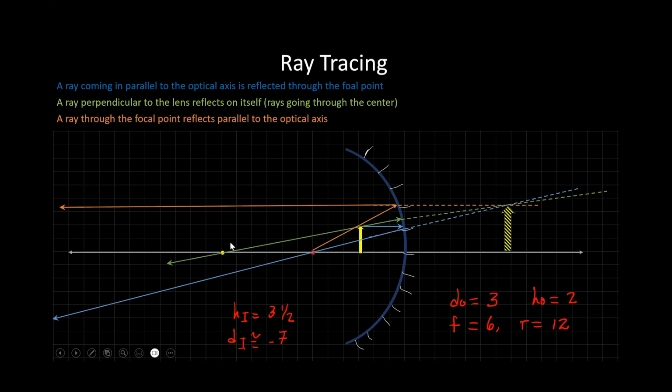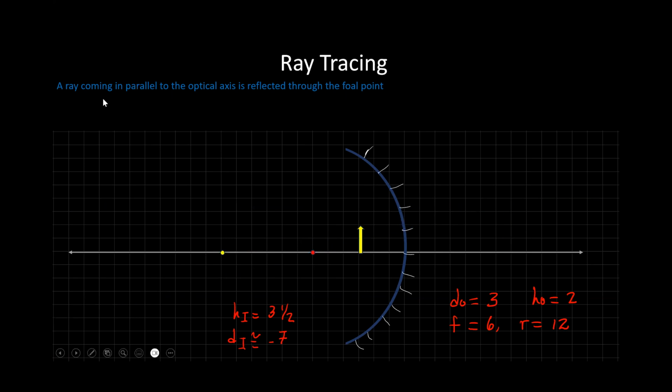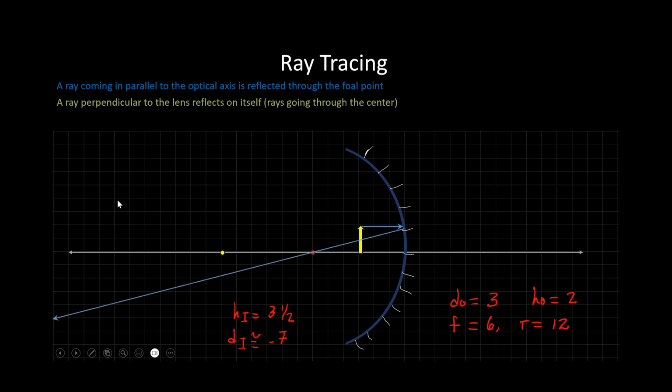So let's review this just real quick. Again, a ray coming in parallel to the optical axis is reflected through the focal point. A ray perpendicular to the mirror reflects upon itself, and that's the ray through the center.